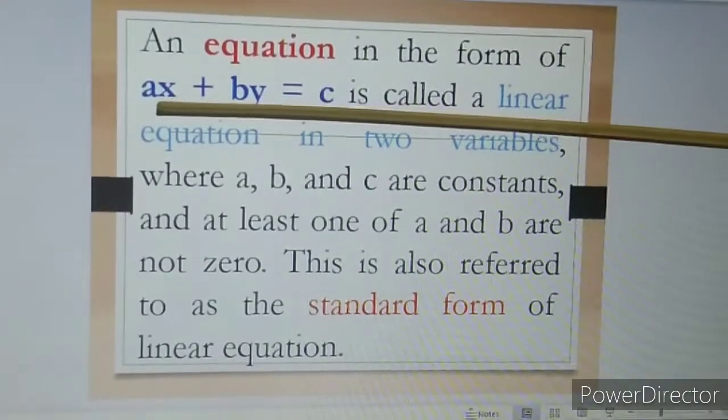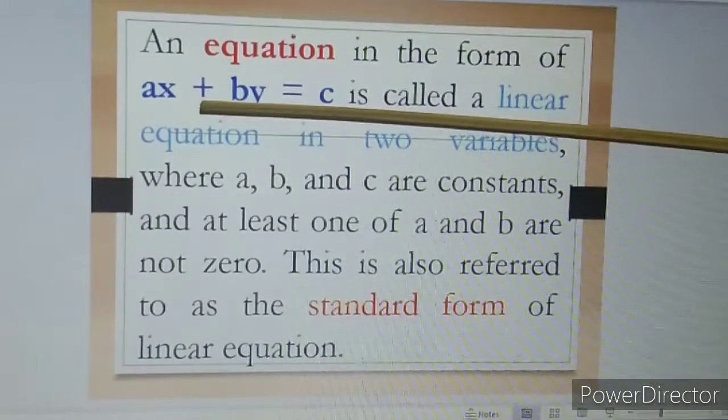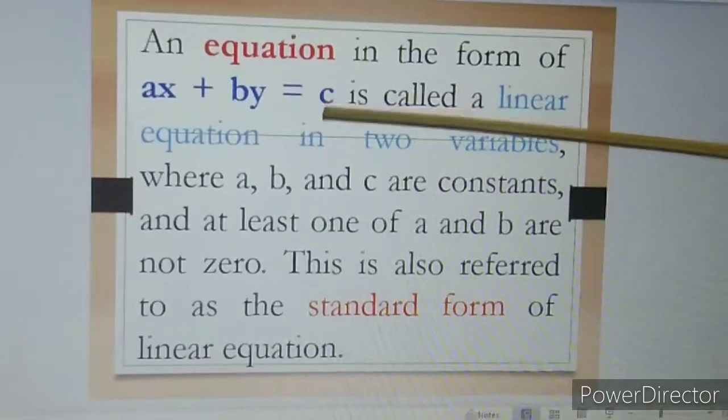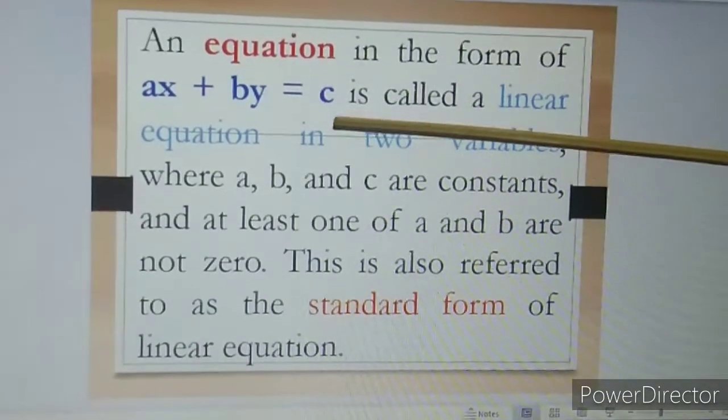The terms with the variables are written on the left side of the equation, and the constant term is located at the right side of the equation.